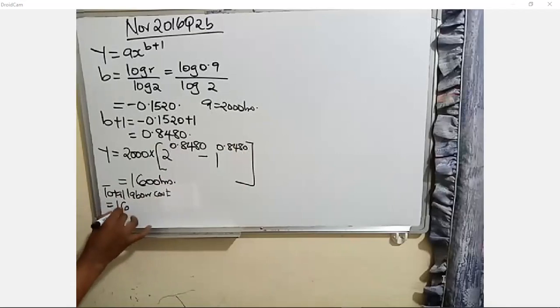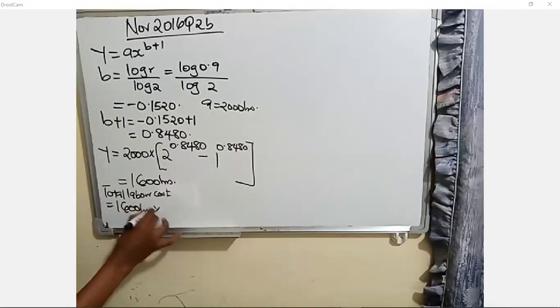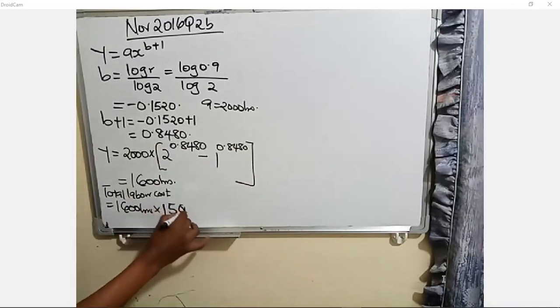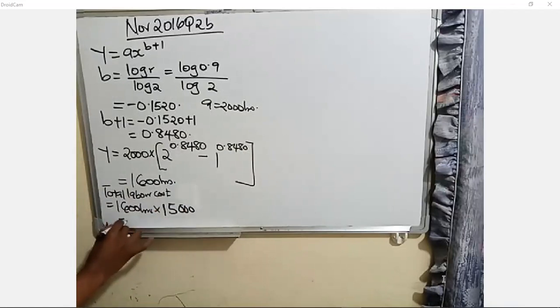I will take 1,600 hours times the cost per hour, which is how much? The cost per hour I could see is 15,000. Have you seen 15,000? Purity, have you seen 15,000?